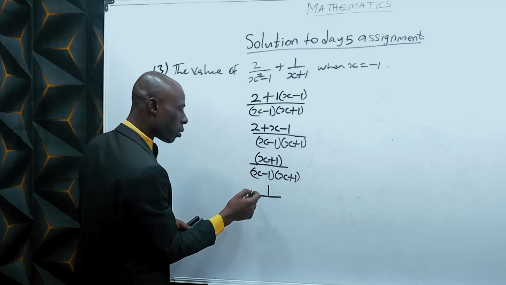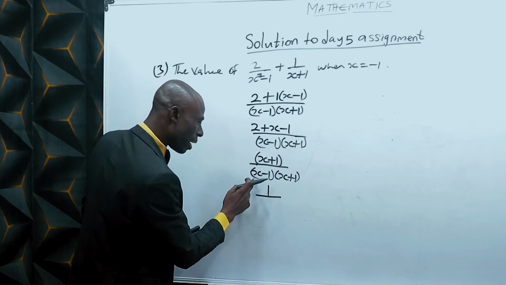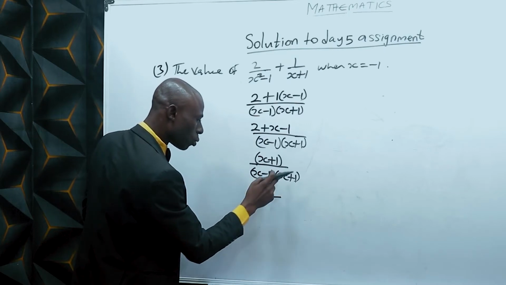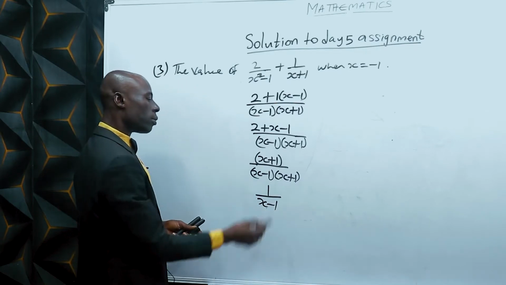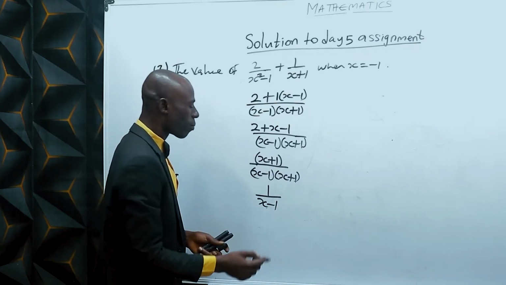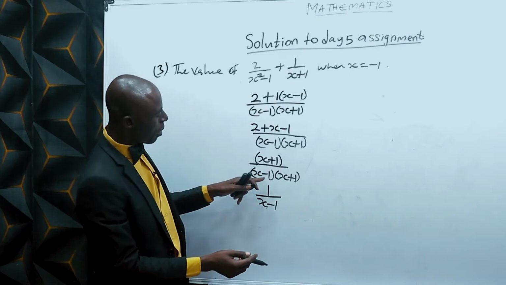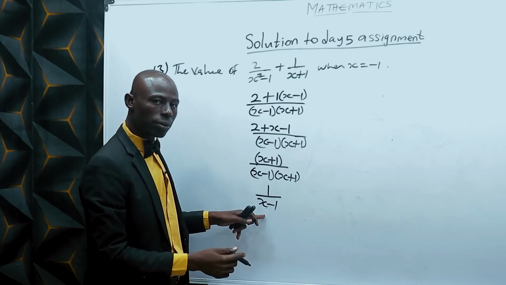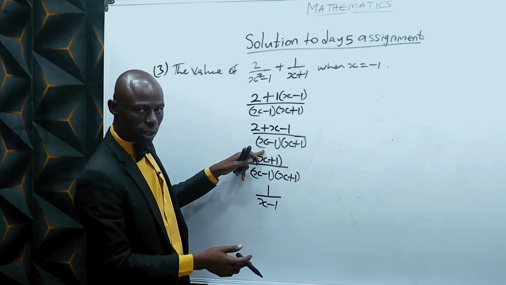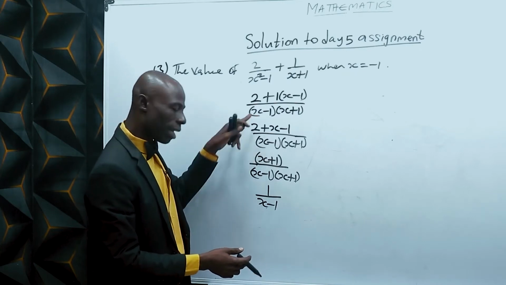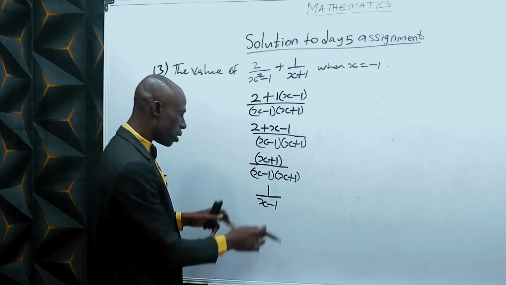Now use the same x plus 1 to divide x minus 1 into x plus 1. It will give you x minus 1. This will cancel this, while you have x minus 1 left at the denominator level. You have 1 left at the numerator level, though it seemed invisible before, and which is this.